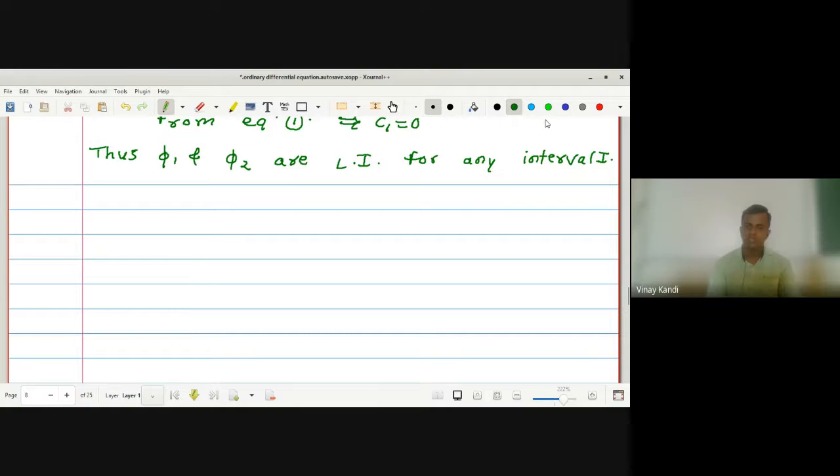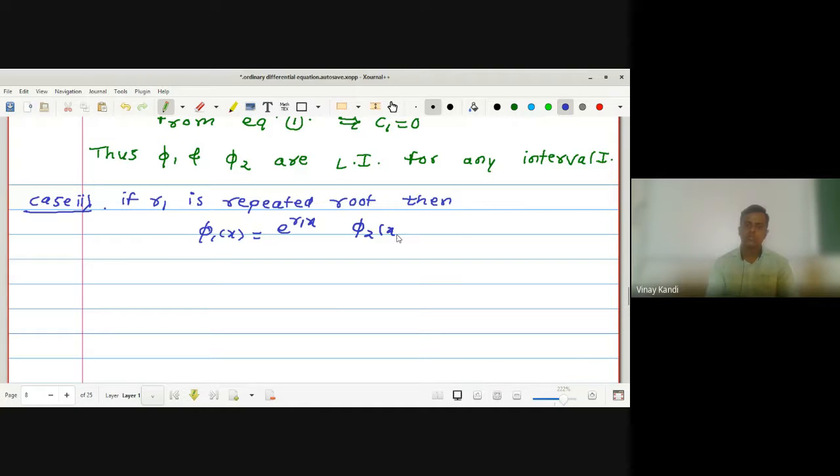Now, case number 2. If R1 is a repeated root, then phi 1 of x is e raised to R1x, and phi 2 is x into e raised to R1x.